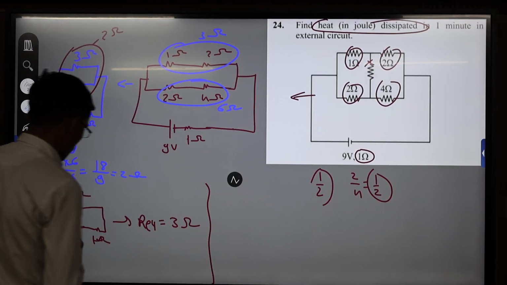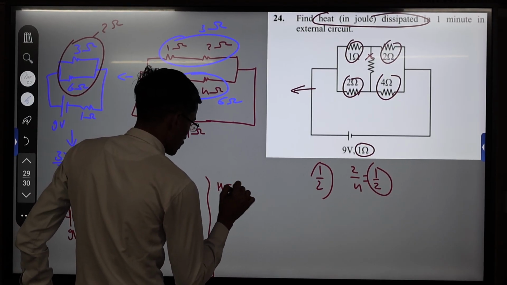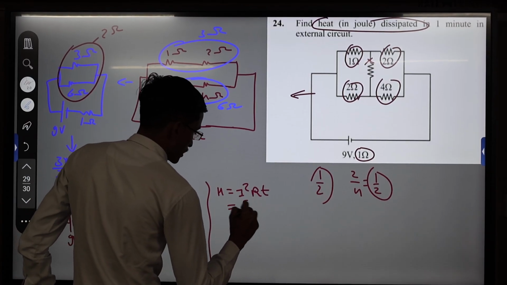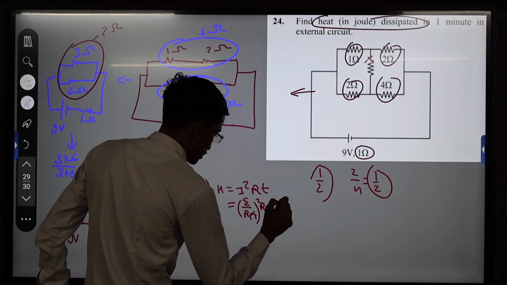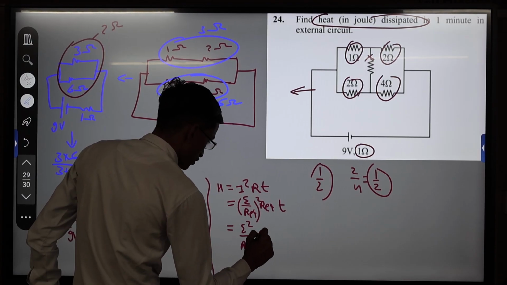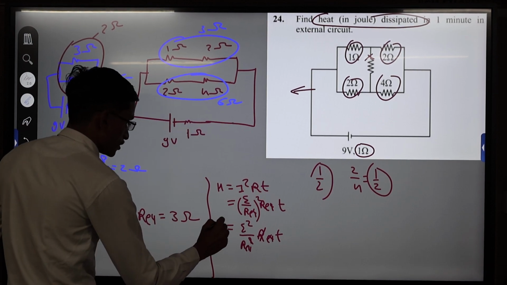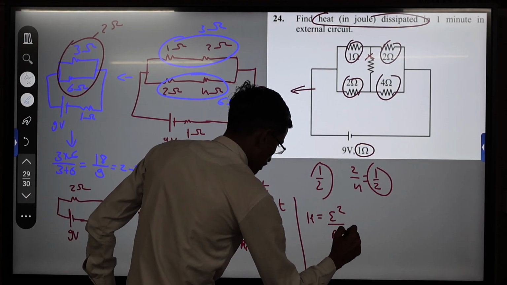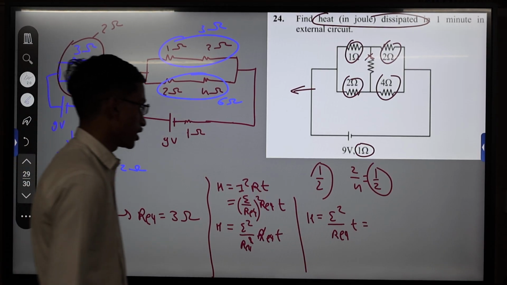Now to find the heat, we can write H equals I square R t, or I can be written as E by R equivalent, into R equivalent into t. So E square by R equivalent square into R equivalent into t. One R equivalent cancels, so it becomes E square by R equivalent into t.